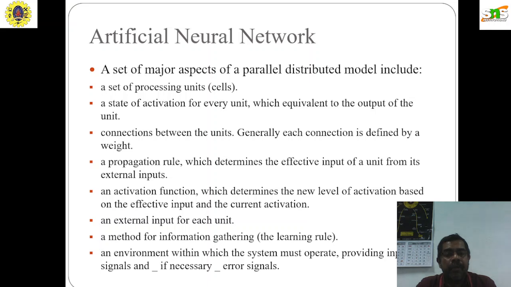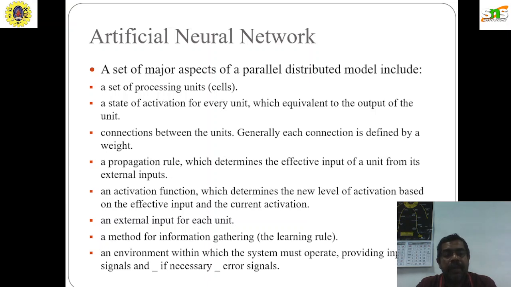There is a propagation rule, which determines the effective input of a unit from its external inputs, and an activation function, which determines the new level of activation based on the effective input and the current activation, and the external input for each unit.